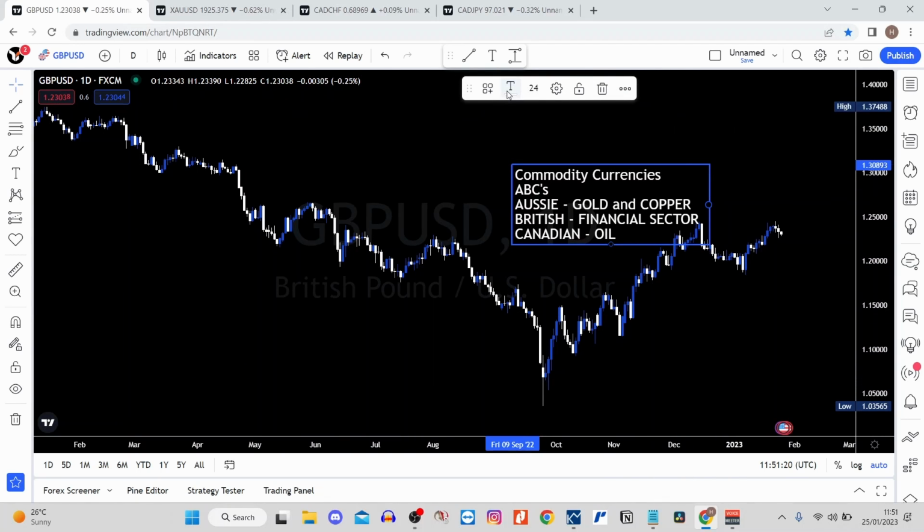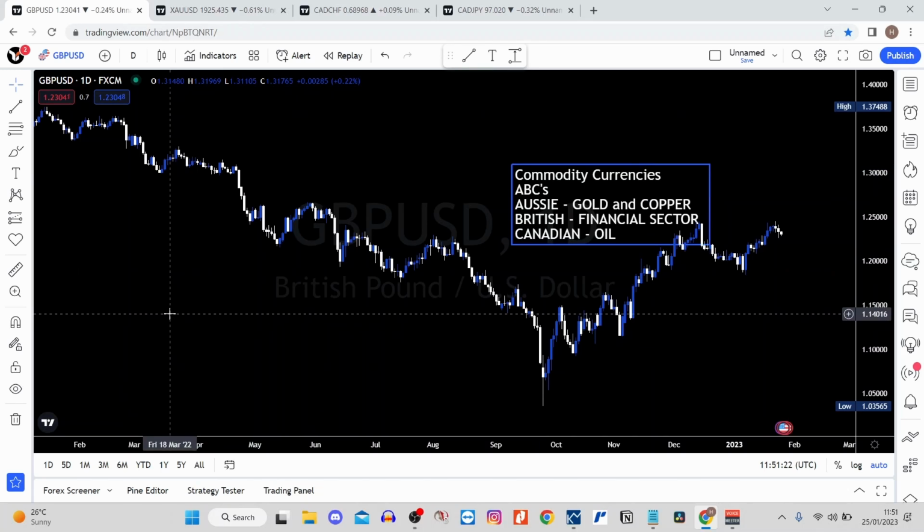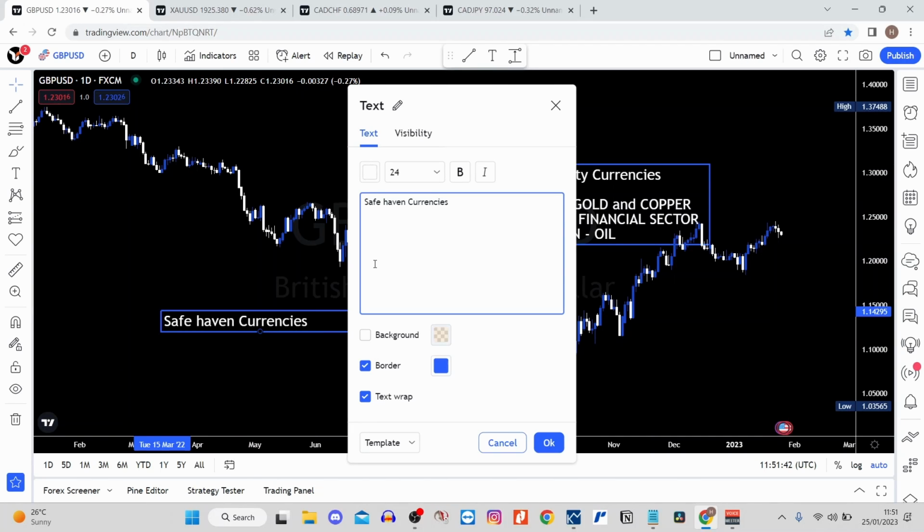The safe haven currencies. Let's start with the biggest one, which would be the US dollar. That's the main one. Then we got the Japanese yen. Then we got the Swiss franc.